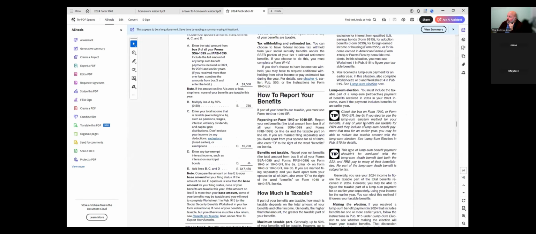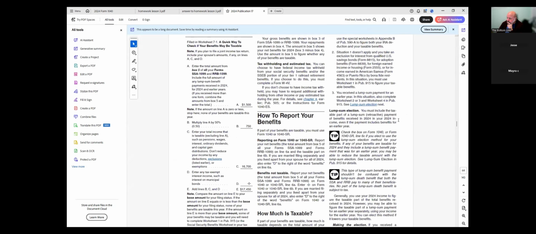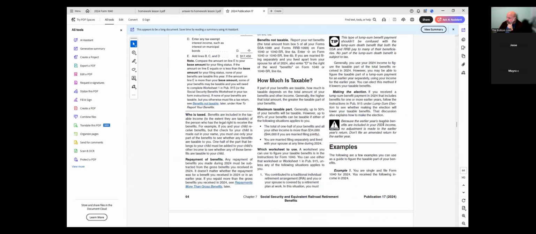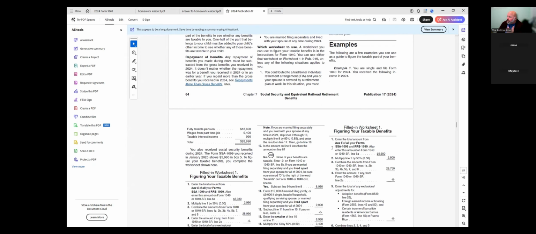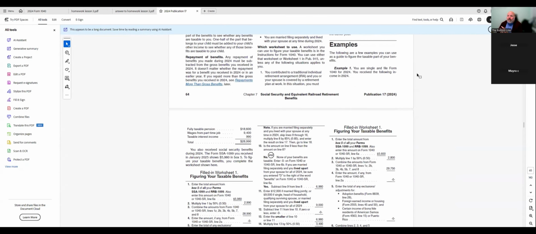Then when we go over, so this is our example that I just went over, you're a single person, and you file Form 1040 for 2024, and you receive the following income in 2024.